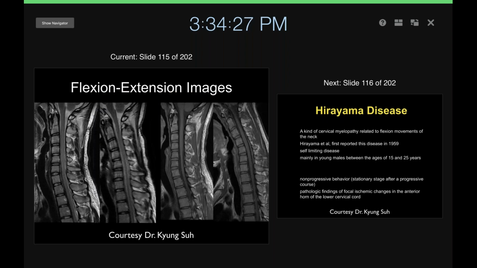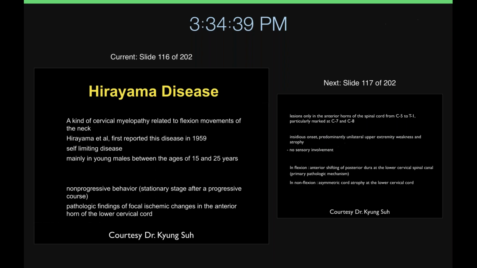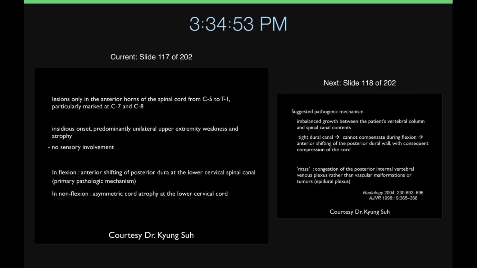There's atrophy here of the cord in this area, due to repetitive impaction of the cord due to hypermotion within the cervical spine. And you can see focal ischemic changes on histology, and you really get kind of a progressive neurologic long tract signs.